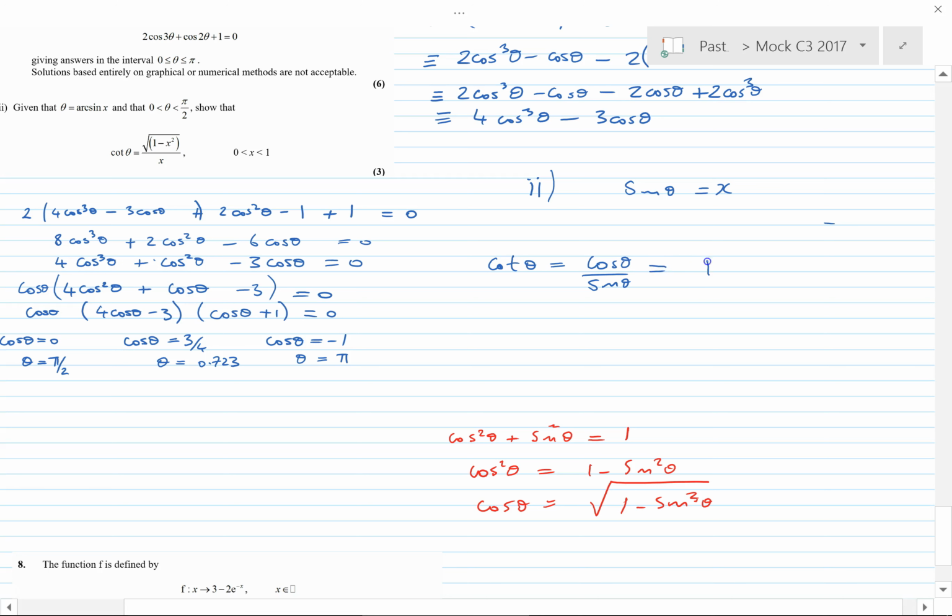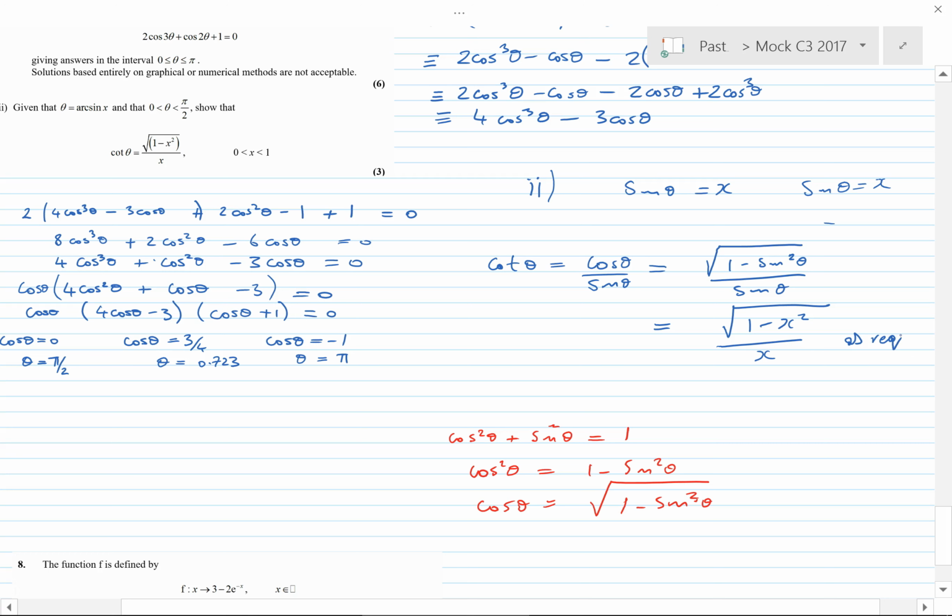That's equal to square root of 1 minus sine squared theta over sine theta. And because sine theta equals x, we can say that's equal to square root of 1 minus x squared over x as required.